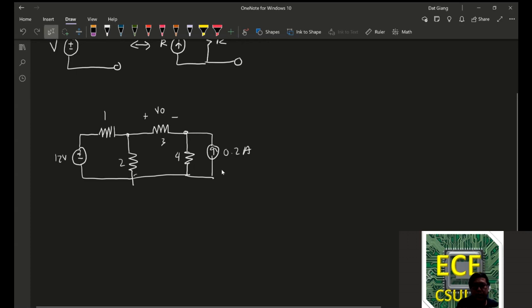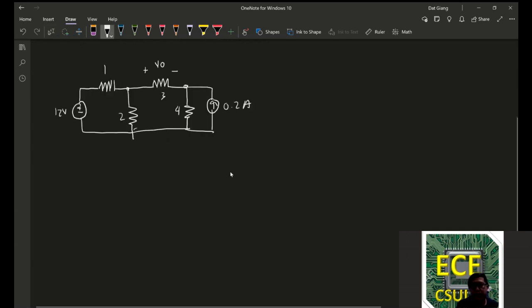So this source transformation allows us to do something like this. I'm going to take a look at this part of the circuit first. This allows us to convert this voltage and resistor in series with each other into a current source, with voltage divided by the resistance.